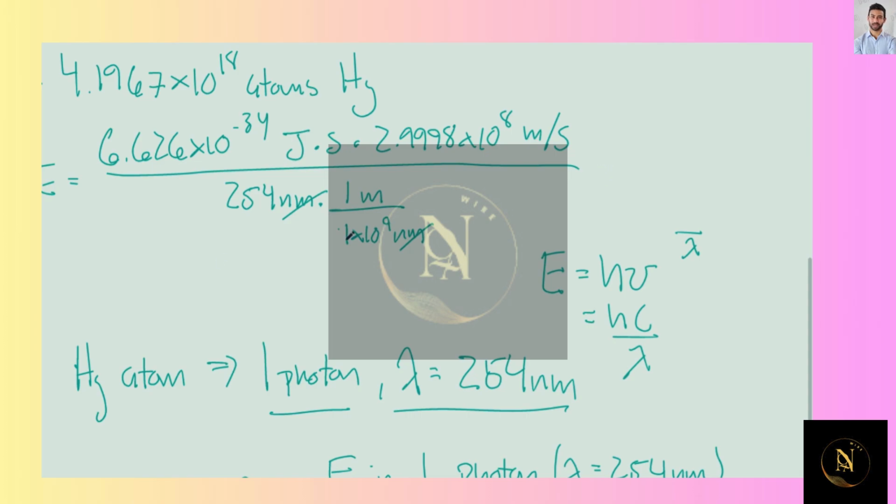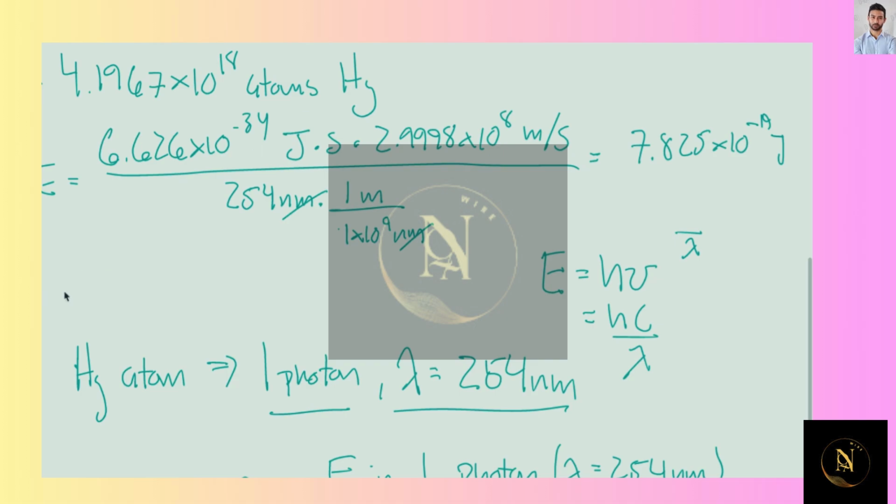And finally, we'll get an answer of 7.825 times 10 to the negative 19 joules. And that's joules per photon.